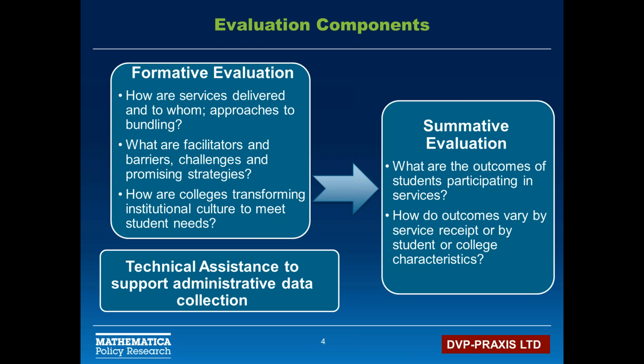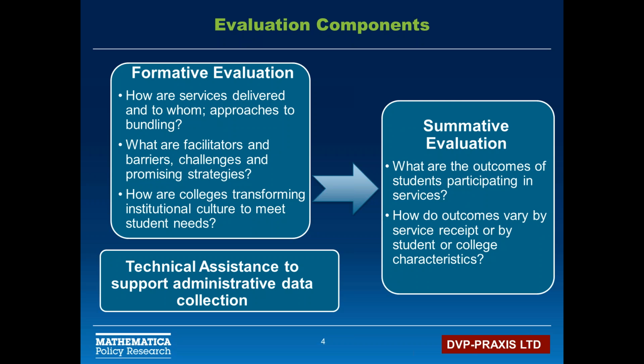And as I mentioned, this formative evaluation piece is really important just to understand what's being done and try to provide feedback to hopefully help programs improve in the future. But the formative piece is really critical to the summative evaluation, which will come later, in that through our early data collection efforts for the formative piece, we'll be able to identify the various services, models and approaches being taken by colleges to then inform our study design and really focus our efforts for the summative evaluation.